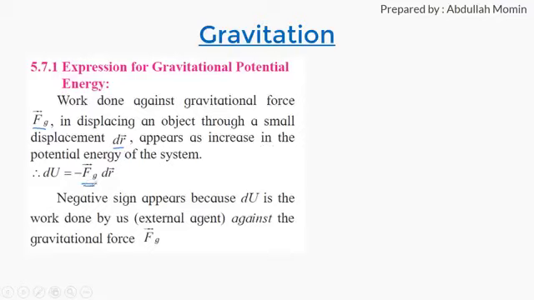So the force acting on the object while it is on the surface of the earth is Fg, that is the gravitational force, and we are displacing the object through a certain displacement dr. So F into dr is nothing but work done, where F and dr are in opposite directions. So the change in potential energy will have a negative sign.